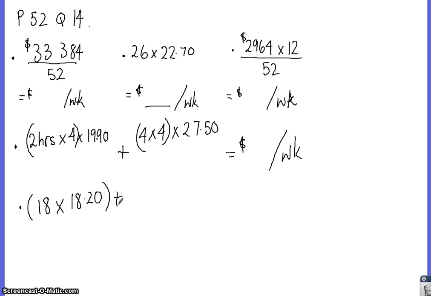And then plus time and a half. 6 hours. And then double time. Hang on, what would I do with the 6 hours at time and a half? What buttons would I press on my calculator there, Michaela? 6 times 1.5 times 18.20.